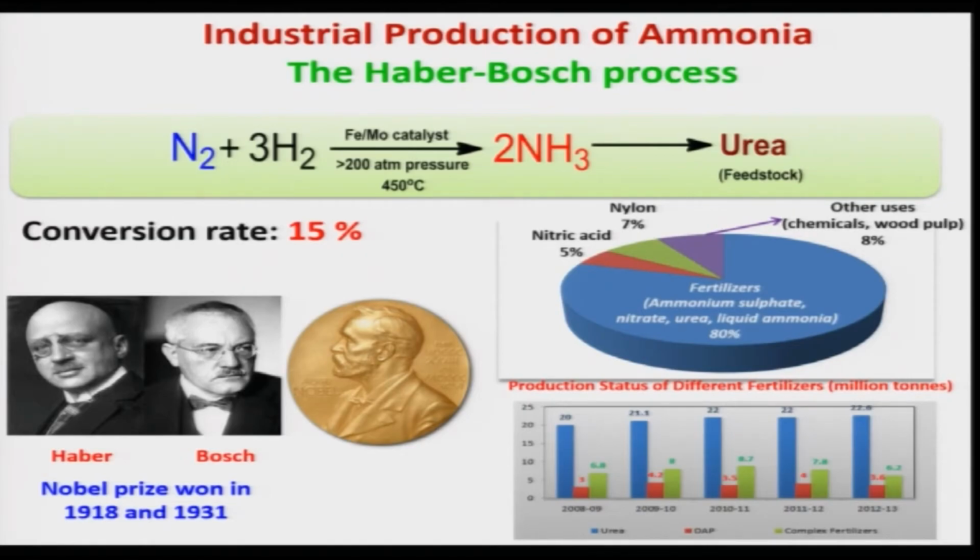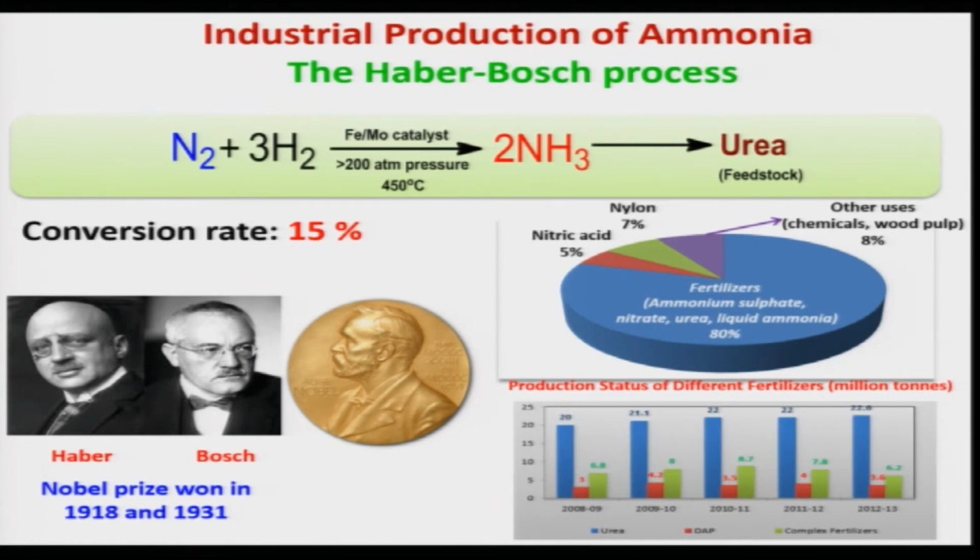This is indeed the Haber-Bosch process, and this conversion is so important that they were awarded the Nobel Prize, of course, at two different times. Haber got the Nobel Prize in 1918, and Bosch got the Nobel Prize in 1931, for improving the conditions for the formation of ammonia.